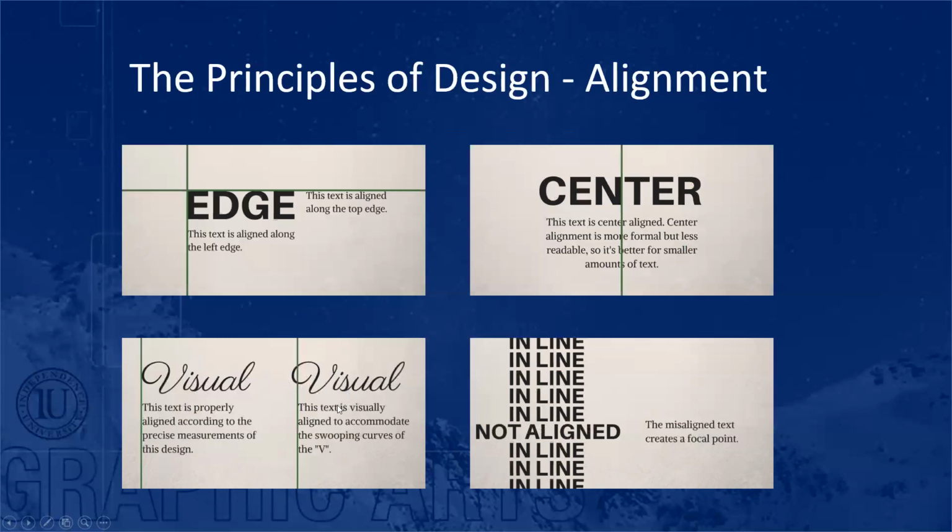Right over here, we actually have a couple of different examples. This is all left aligned, okay? However, this is aligned in two completely different ways. Right here, we can see the side of the V is actually aligned with the paragraph text exactly.